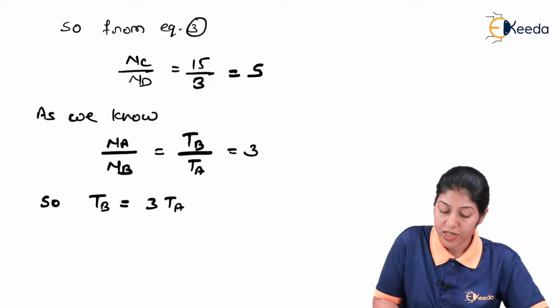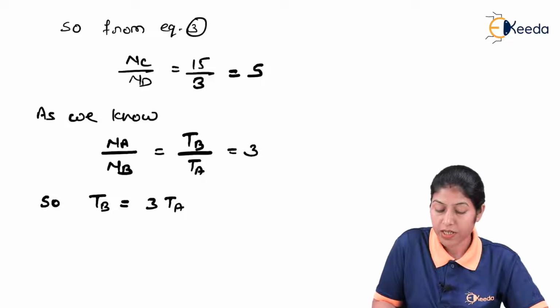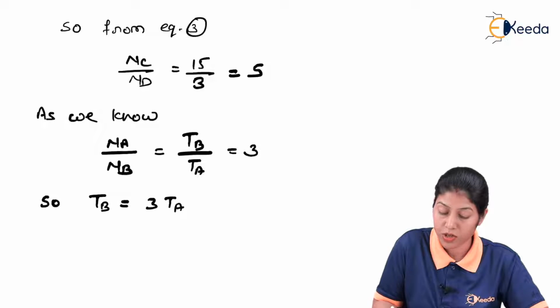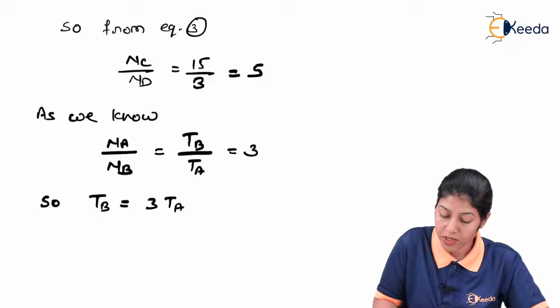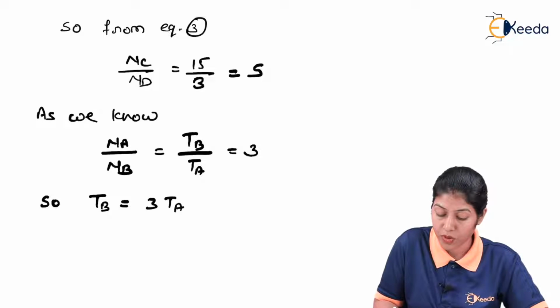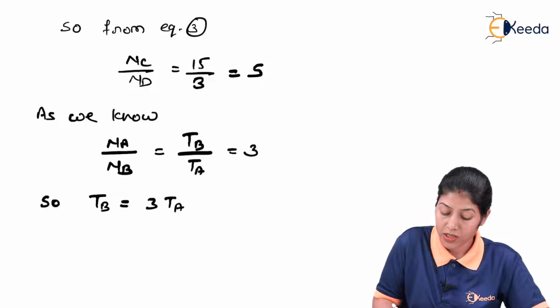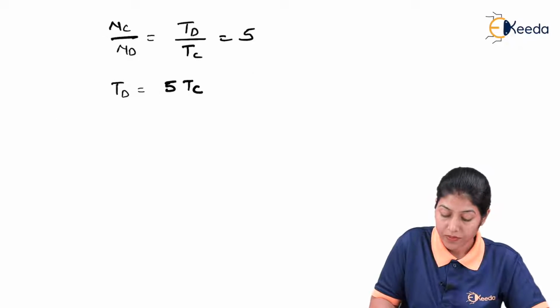From this equation, NA by NB equals TB by TA, where TB and TA represent the number of teeth on gear B and gear A. It is equivalent to 3, which is also the speed ratio. On that basis, we can define the relation between the number of teeth of gear B and gear A, so TB equals 3 TA.